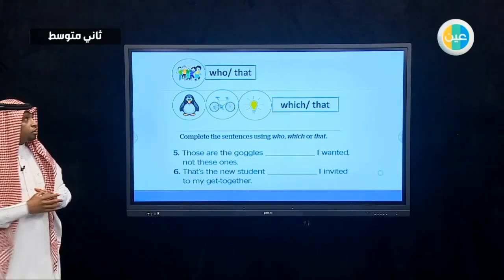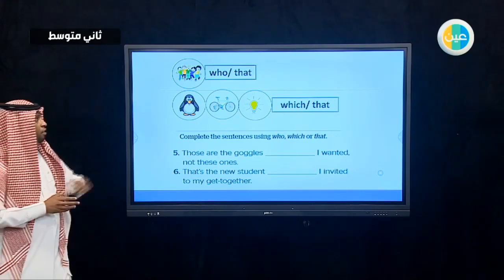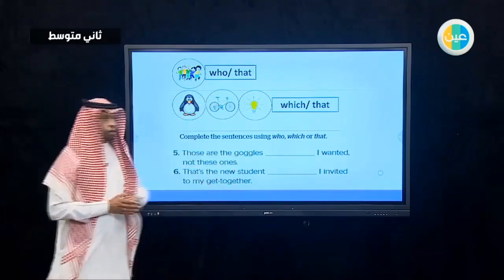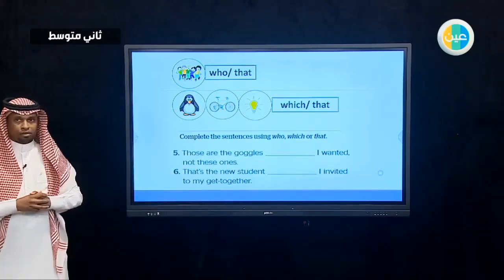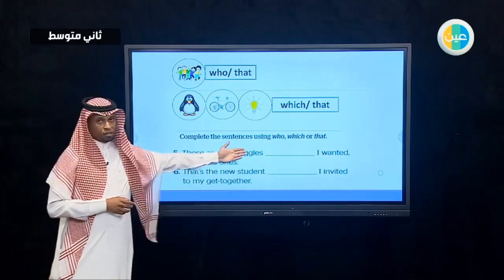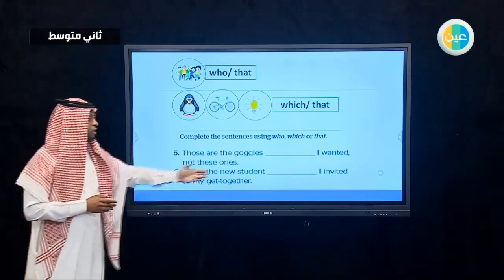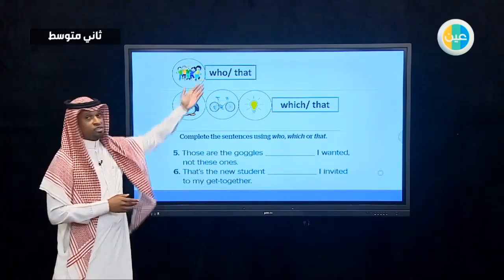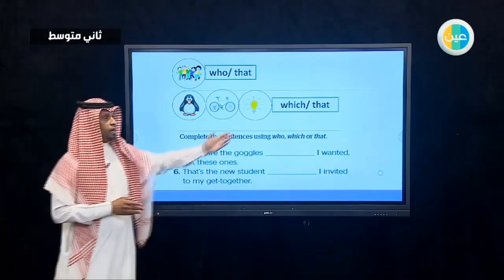Search for the word here to see which one is good for the word. We can say that both of the words, who and that, can be used in all answers here. We can say here that. Also, we can say here that. But how about who? This is the difference. Who and which.